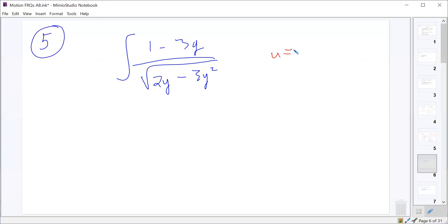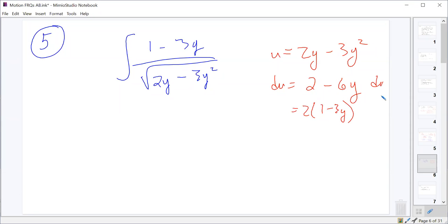Got to be a little creative, though. We're going to let u equal the thing in the denominator like we often do. But not the square root, just the piece inside the square root. That would give us du is 2 minus 6y. Well, 2 minus 6y is the same as 2 times 1 minus 3y. So now I have 2 times 1 minus 3y, and I'll put a 1/2 out in the front.